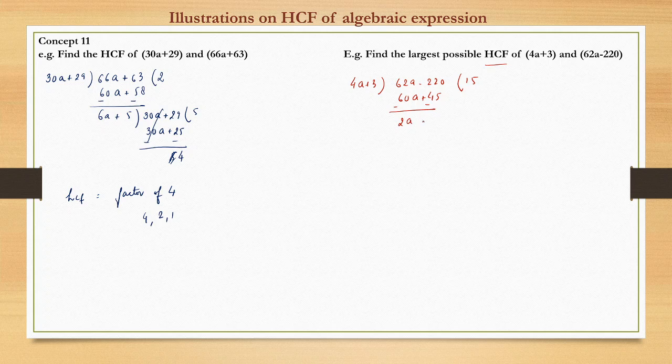Here it remains 2a and this will be nothing but 265, right? Now this will divide 4a plus 3 two times, so it becomes 4a, and here it becomes 530, right? So it becomes 533.